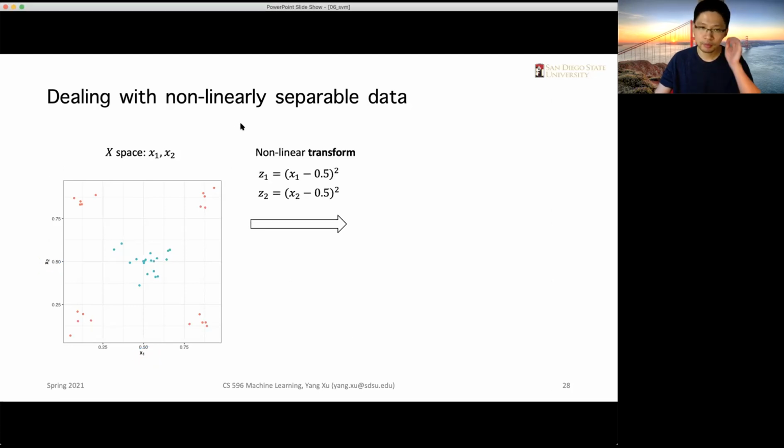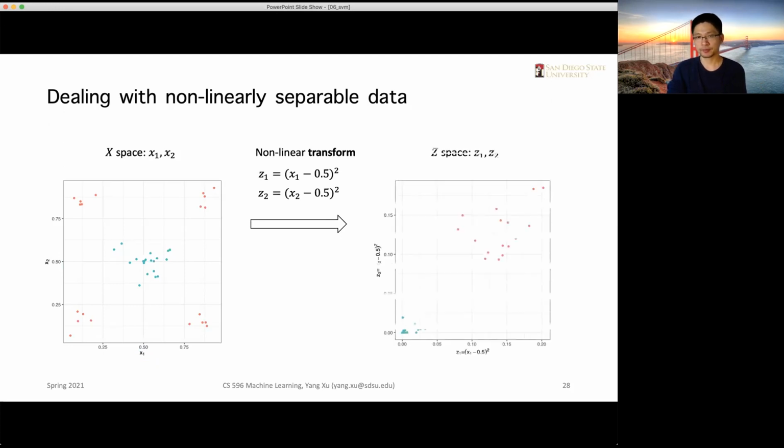So what we can do is conduct a nonlinear transformation. We can compute z1 as (x1 minus 0.5) squared, and z2 as (x2 minus 0.5) squared.